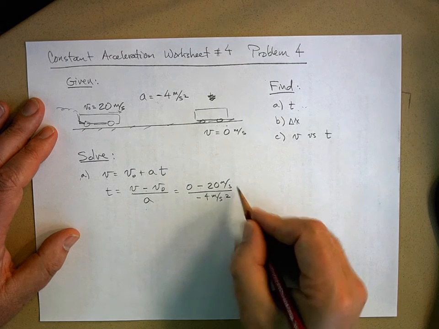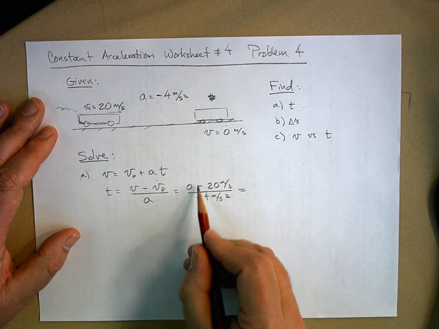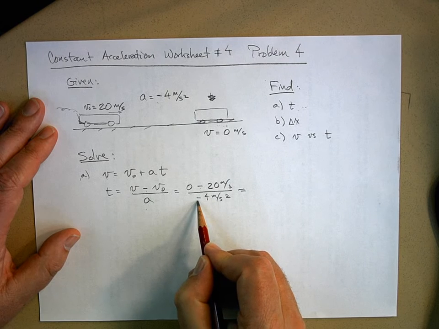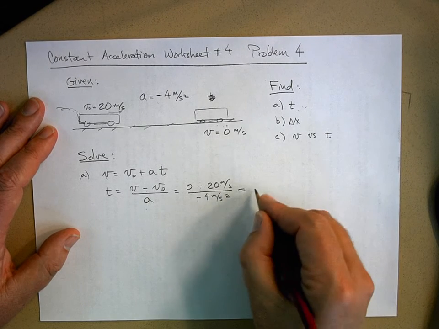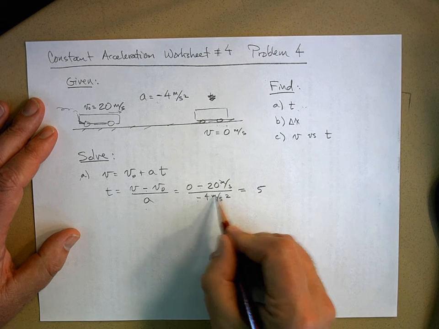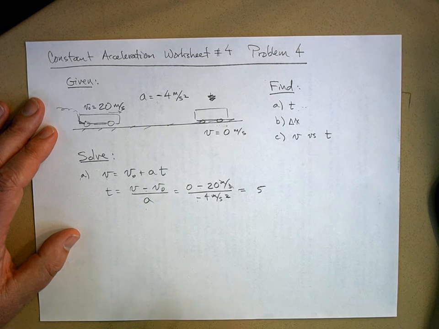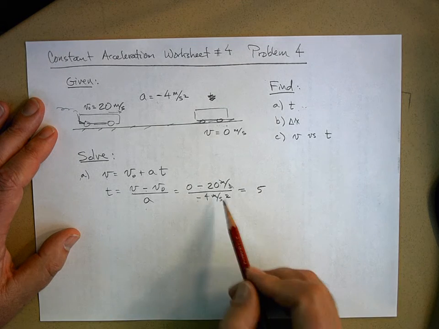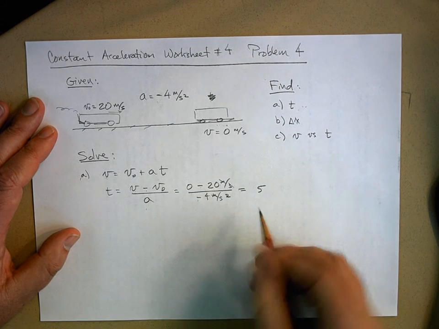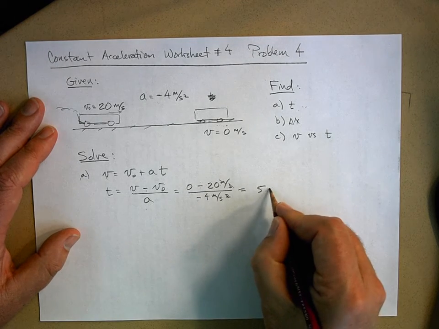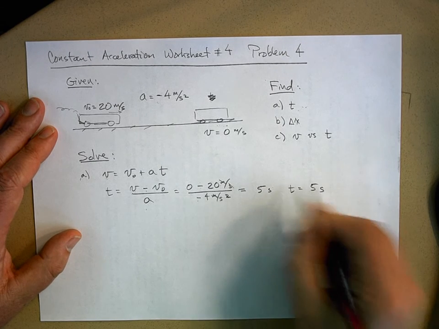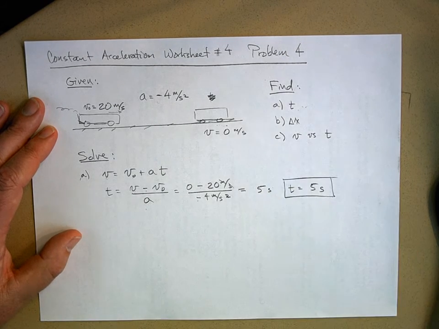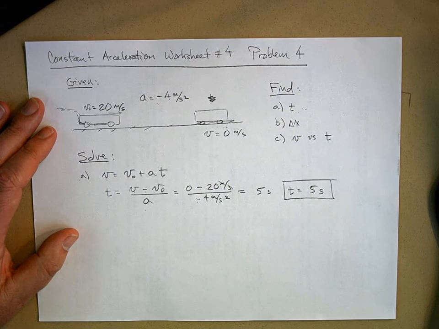And this is good, this is negative, because the negative cancels the negative here. And 20 divided by 4 is 5. The meters cancels the second squared, and I've got 1 over seconds. Reciprocate and multiply, I get seconds. So the time equals 5 seconds. And that's my answer for part A.